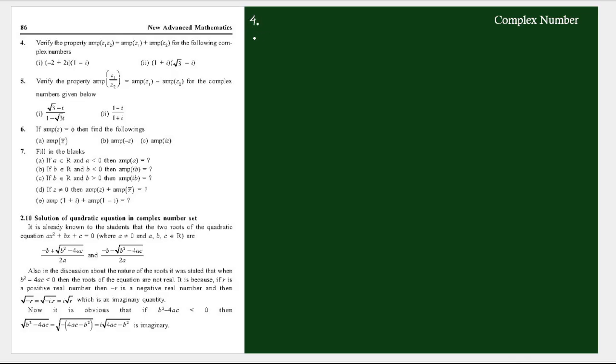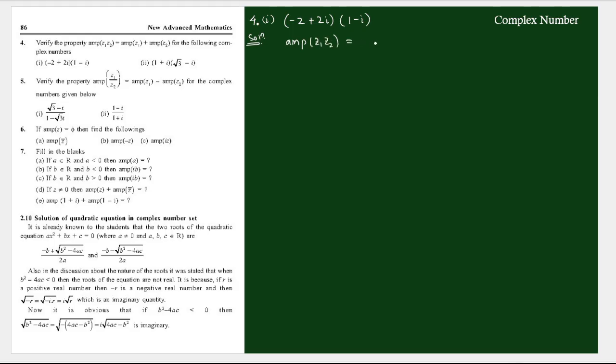What is the amplitude given? For minus 2 plus 2i and 1 minus i. What is our property? Amplitude of Z1 Z2.